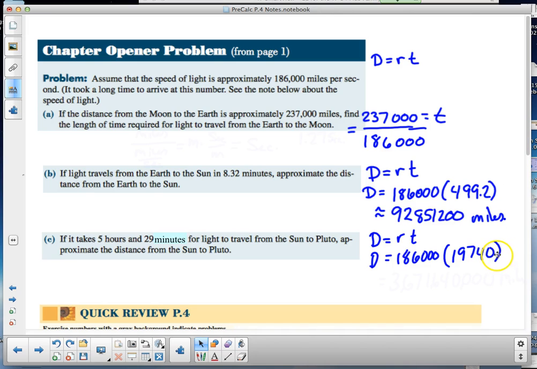And I'm going to find out that Pluto is 3,671,640,000 miles away, according to this calculation.